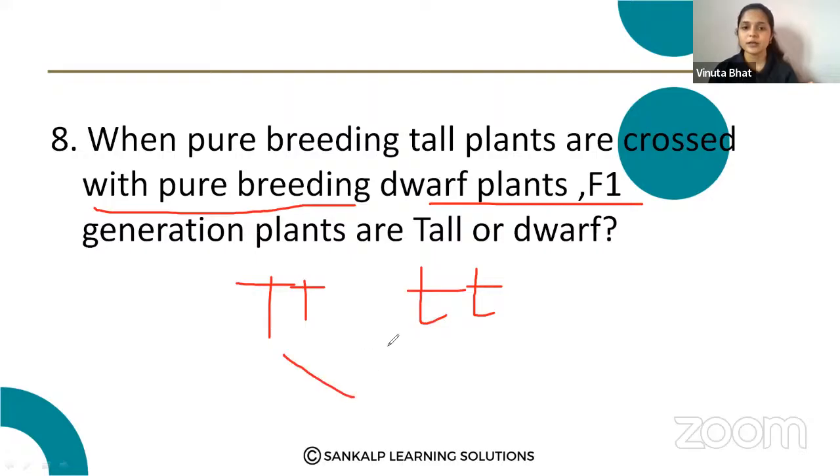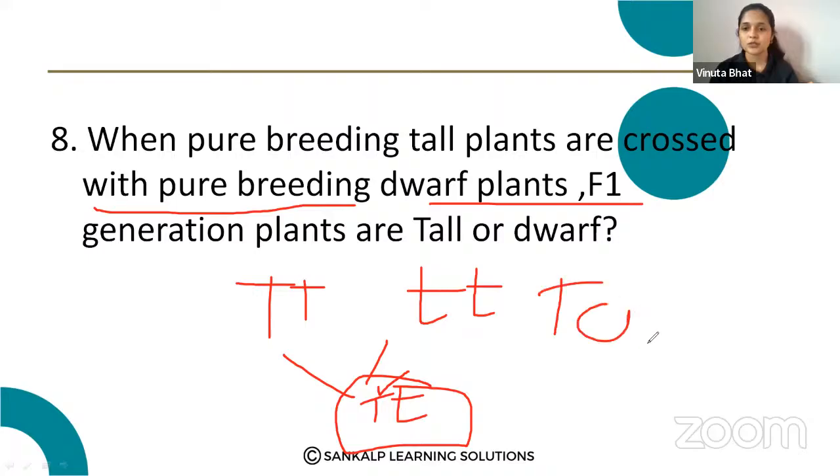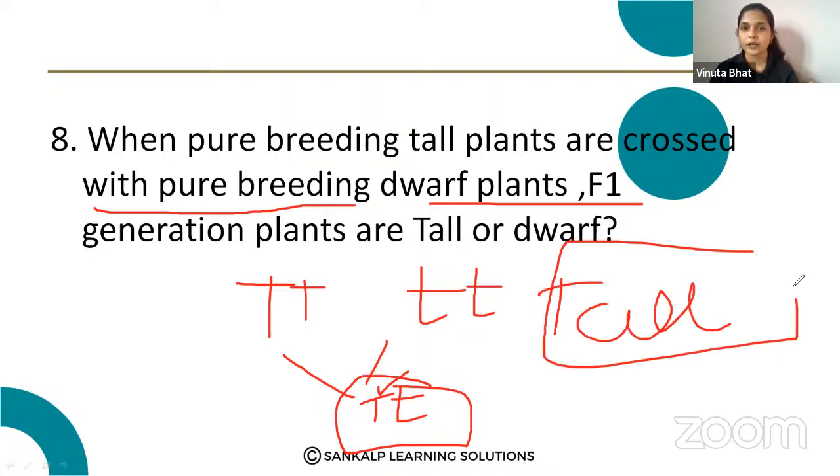The F1 plants were all tall plants, right? Because capital T, if present, suppresses the shortness, that means the dwarf genes. So in the F1 generation, all the plants were tall plants, not dwarf plants.